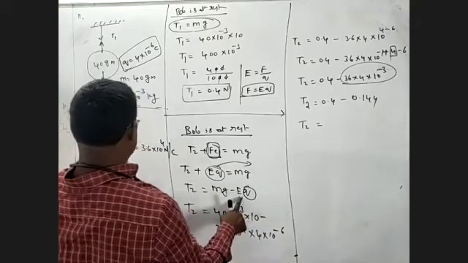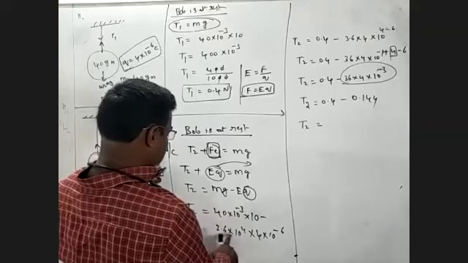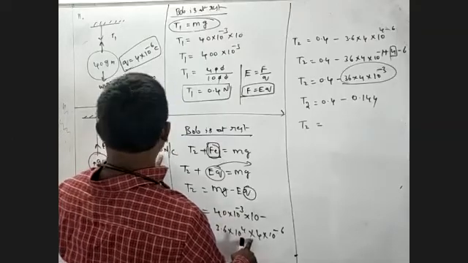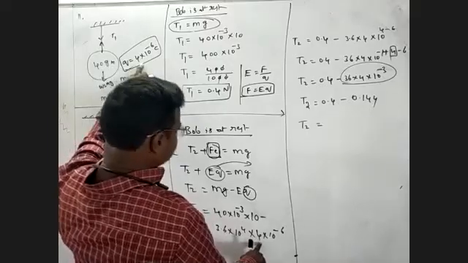For EQ, E is 3.6 into 10 to the power of 4, and Q is 4 into 10 to the power of minus 6.